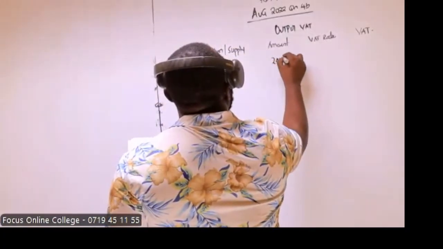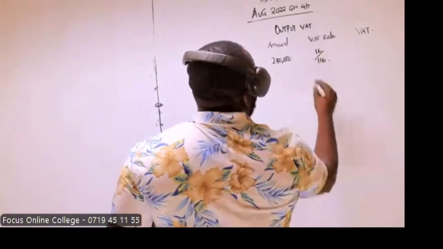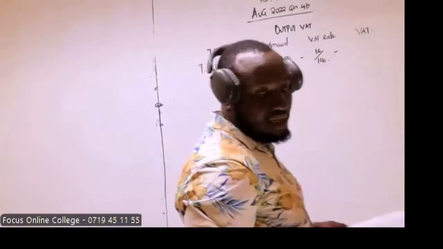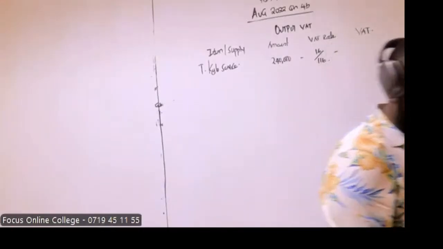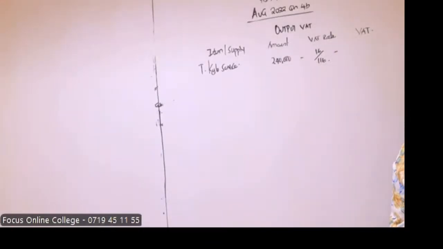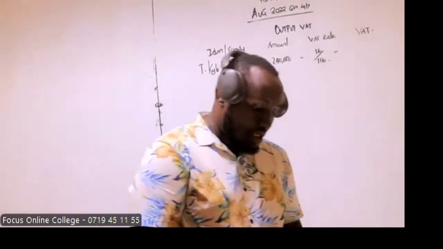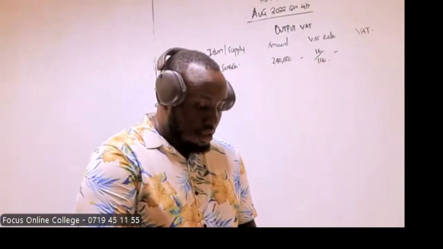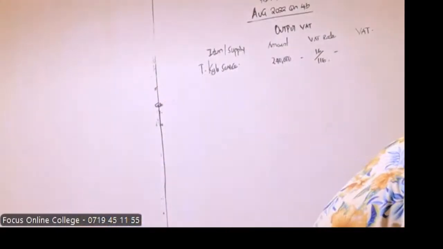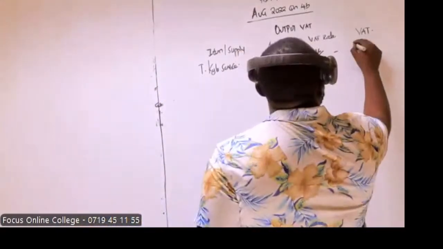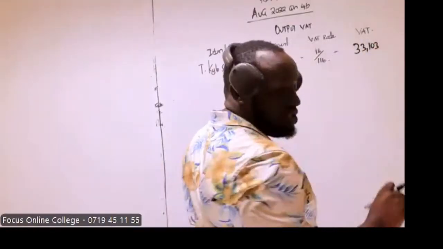So we have it as 240, 16 over 116. Support me on that, team. You're the only guys I have. So that should be 33,103. So we have it as 33,103.